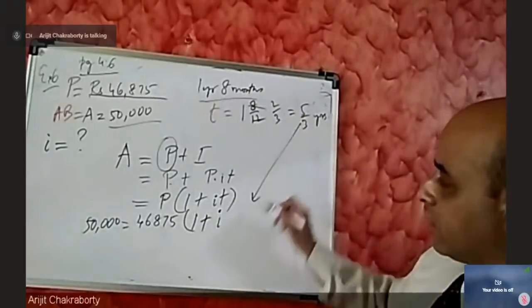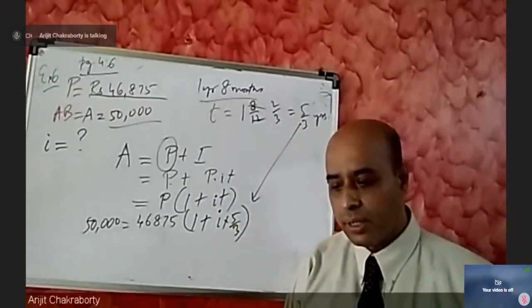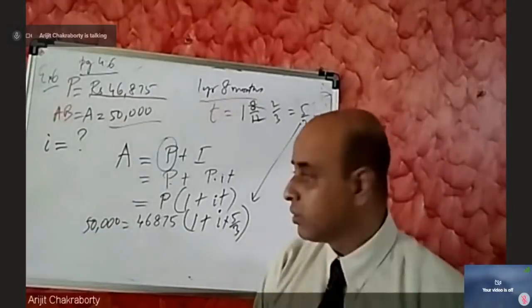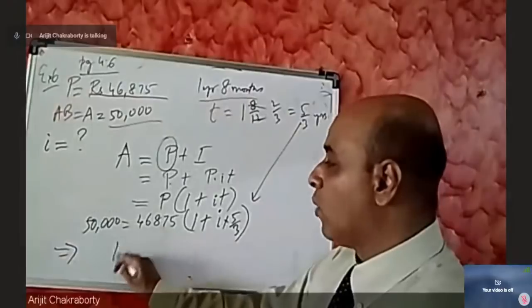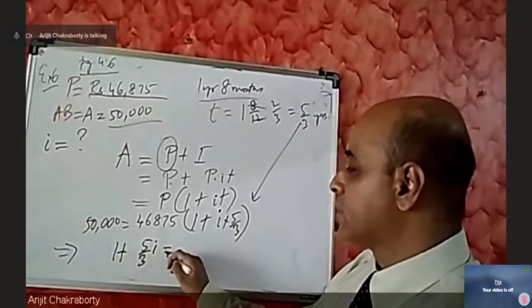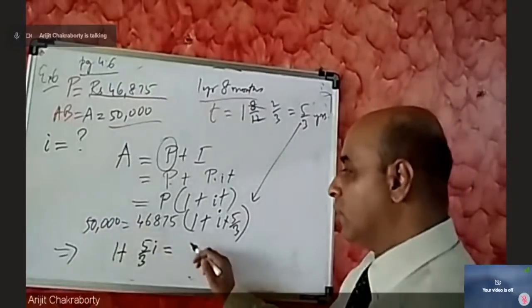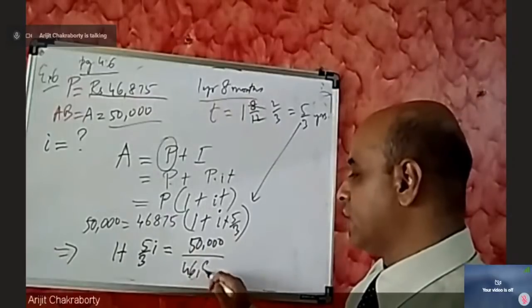So it becomes 1 plus 5 by 3 I is equal to 50,000 divided by 46,875.